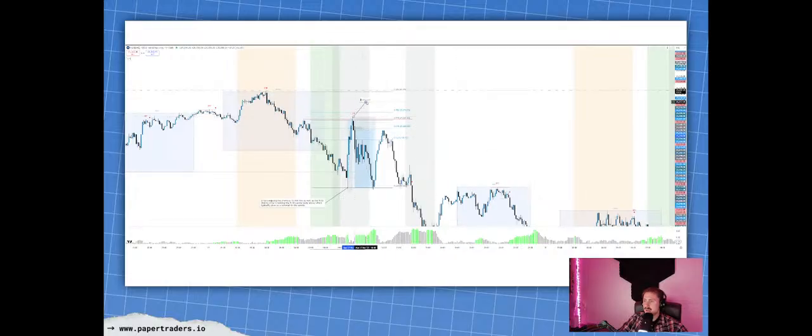Over here we have an SFP with no displacement through the high, rejection of the OTE of the bearish range, a bearish range tap back into the IFVG for reversal to the downside.